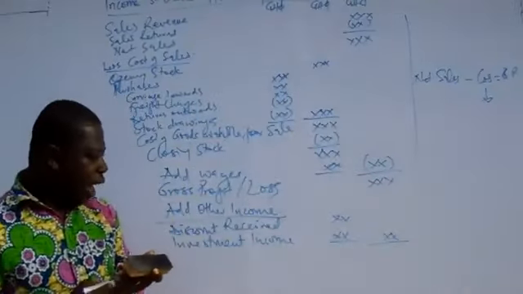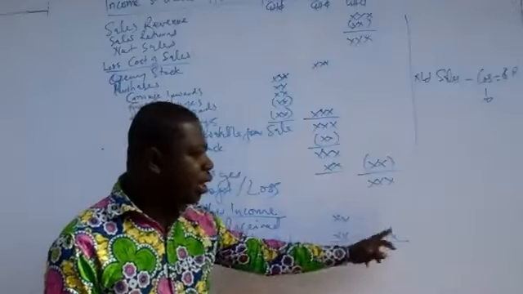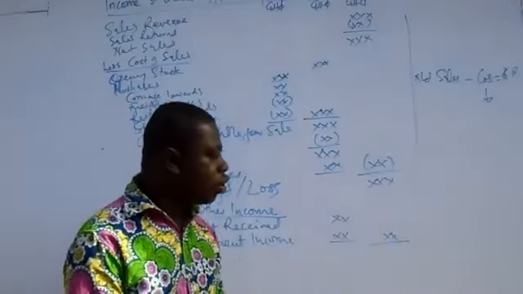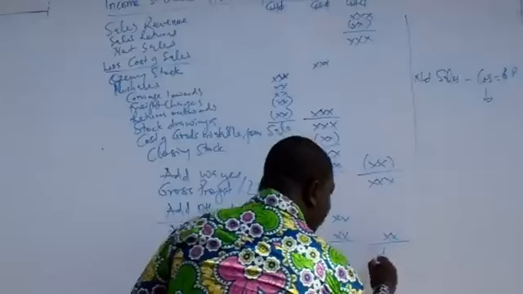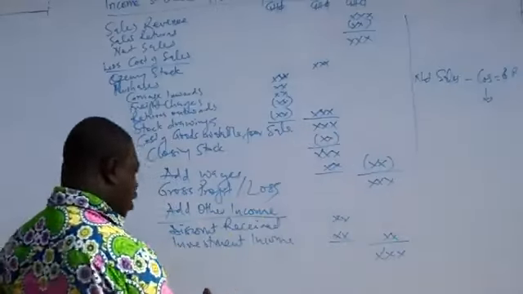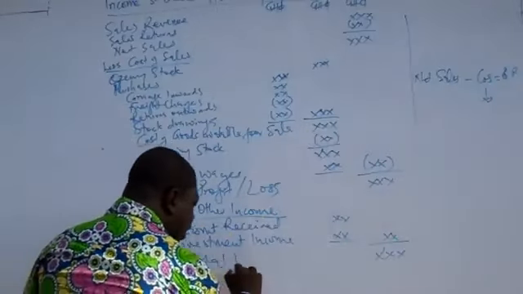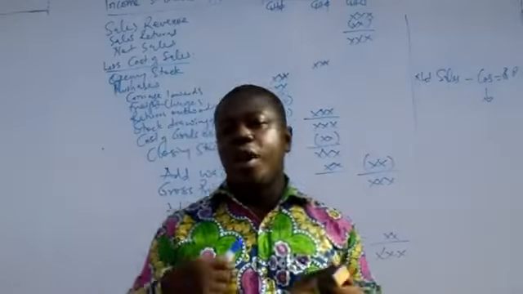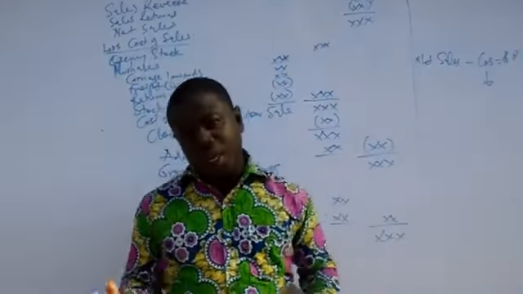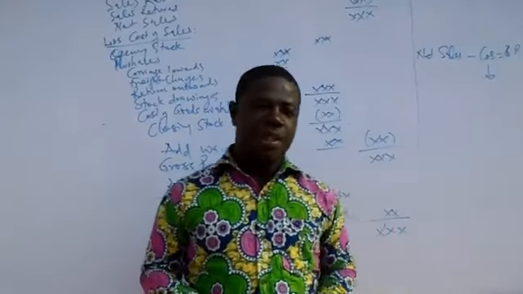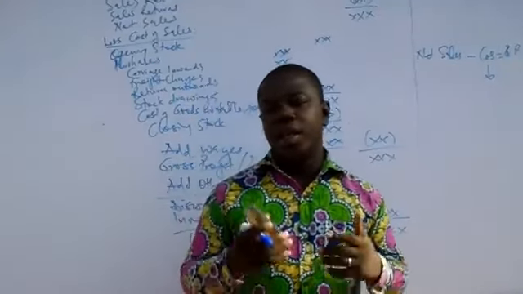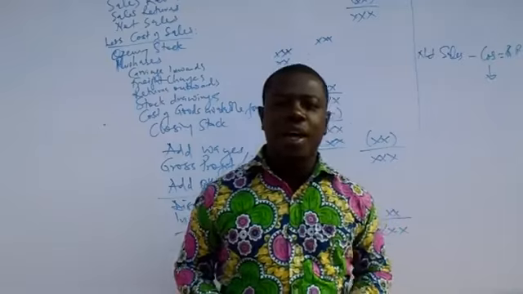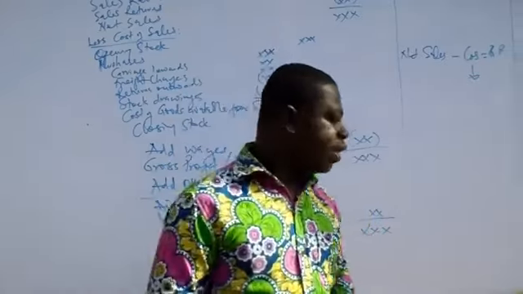So the other incomes are added to the gross profit, and your gross profit plus your other income gives you a total income. This is your total income. Now after you have your total income, you take out your indirect expenses, and once you take out your expenses, the resultant figure will be your net profit for the period.